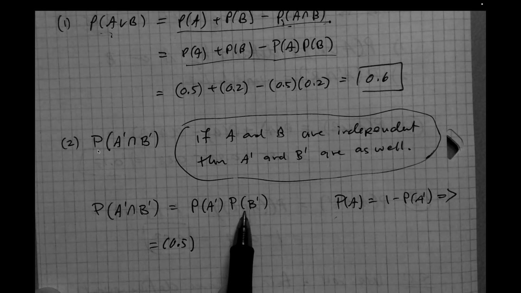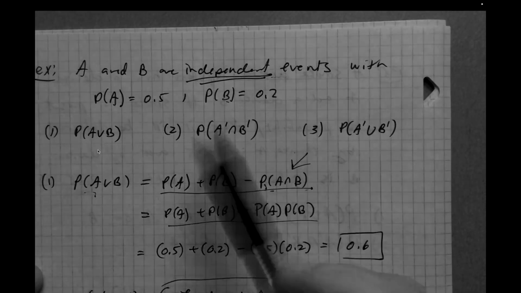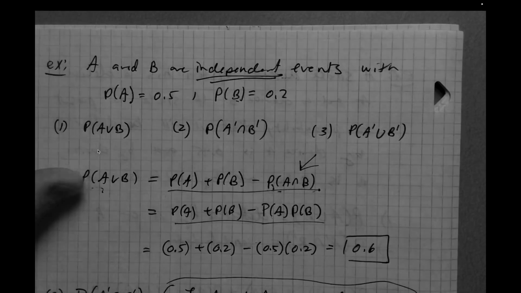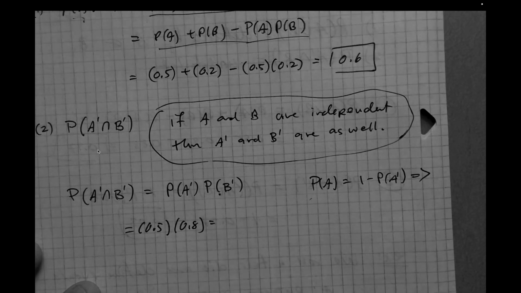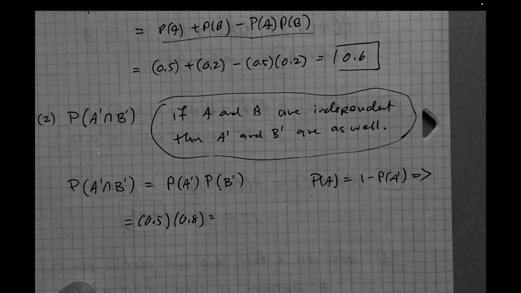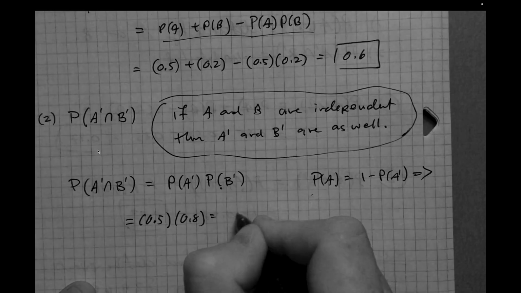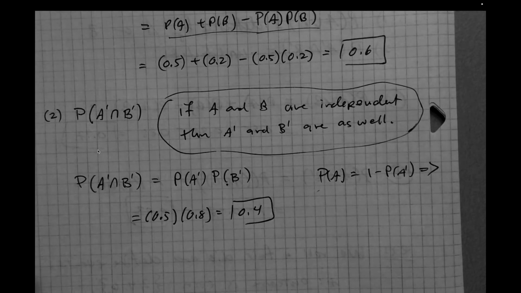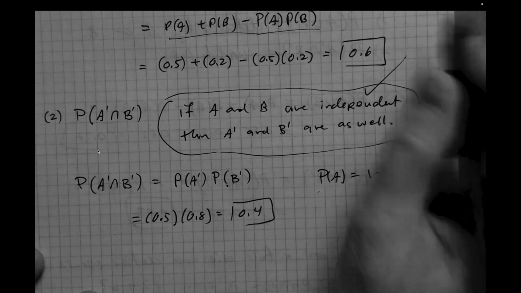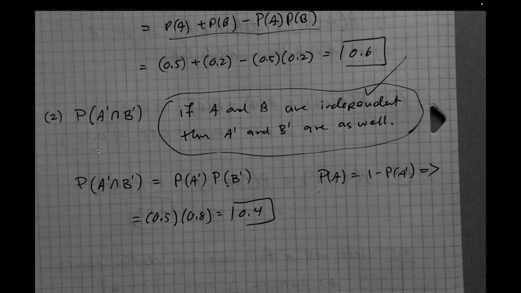The probability of B complement is 1 minus 0.2, so it's equal to 0.8. When we multiply those together, we get 0.4. That's not too bad. Again, the key is to recognize that the independence of A and B means their complements are independent as well. And then what about 3?